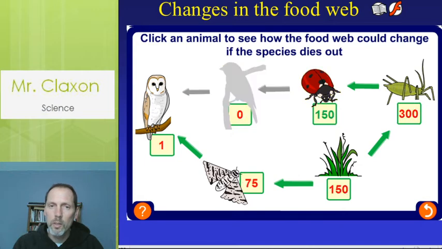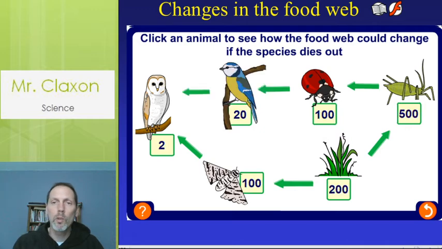What if we lose the bird here? That affects the owl. Some of these are kind of difficult to trace back to why exactly it happens, but I'm sure we can figure it out. But the point is that losing one animal impacts the rest. So a pretty good example of looking at that.